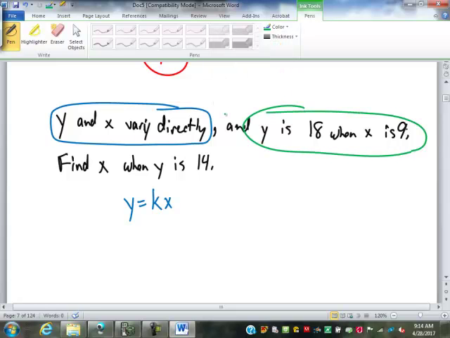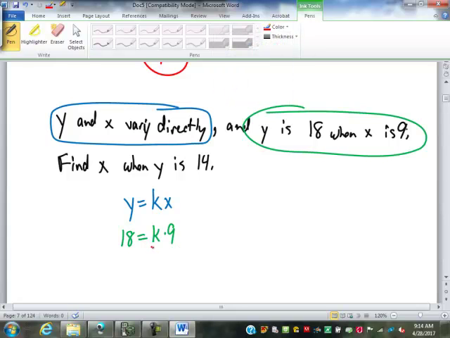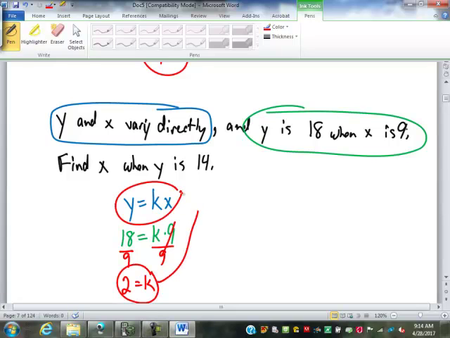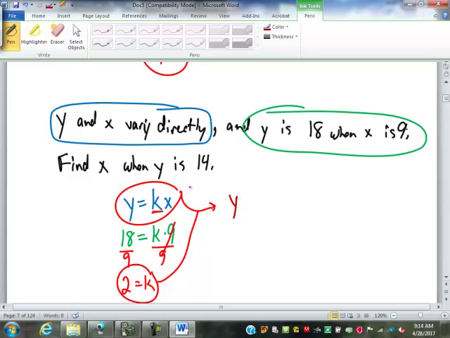Y is 18 when x is 9. So I'm going to put in 18 for y equals k times, put in 9 for x. So divide by 9, 2 equals k. I'll take that 2 and replace k here to get a more exact relationship. Instead of y equals kx, y equals 2x.